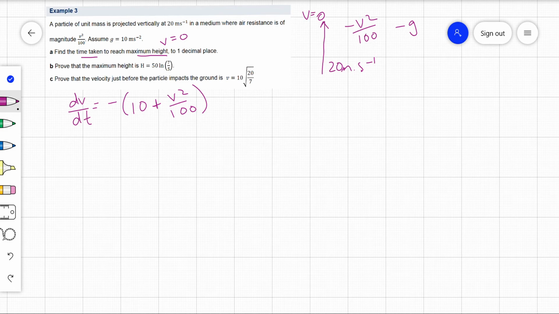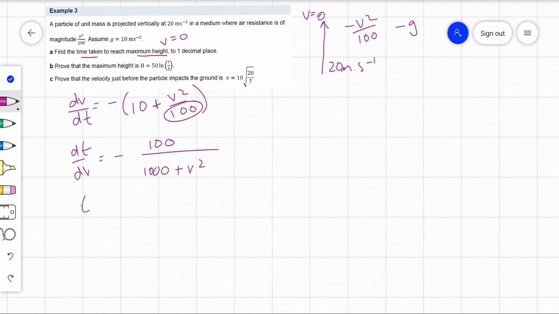Alright, so find the time taken. We want t the subject, so I'm going to make t the numerator, and if I make a common denominator here, I'm going to have 100 as my common, which becomes a numerator. So on the bottom I've got 1000, which is not 10 squared, it is 1000, and v squared on the bottom.